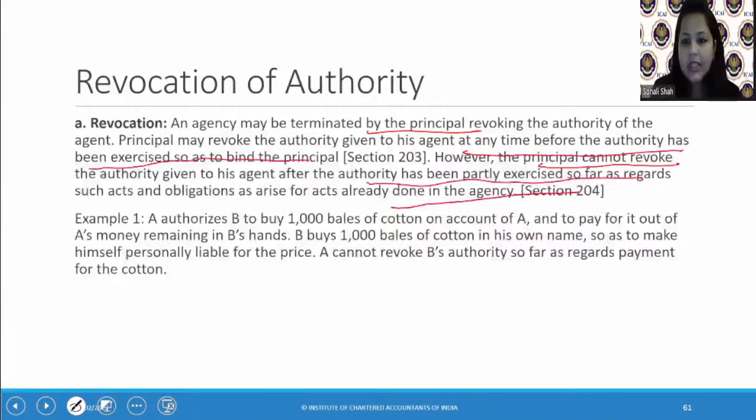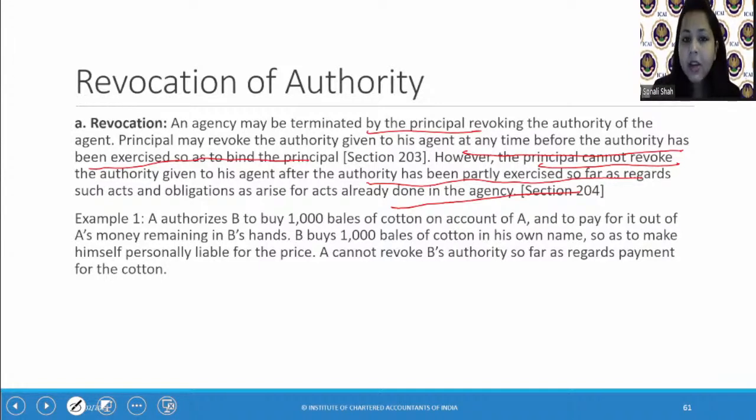The second situation is where the principal granted the authority to an agent and the agent has partly exercised that authority. Let's say the authority was to buy 1 kg of gold. Mr. A, the agent, goes to jeweler number 1 and buys 100 grams of gold from him.